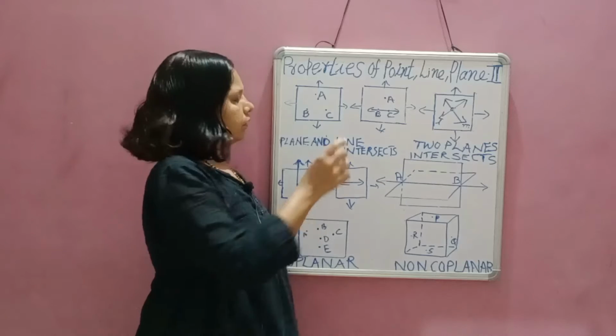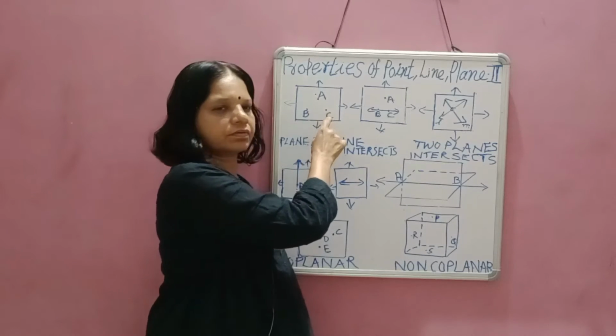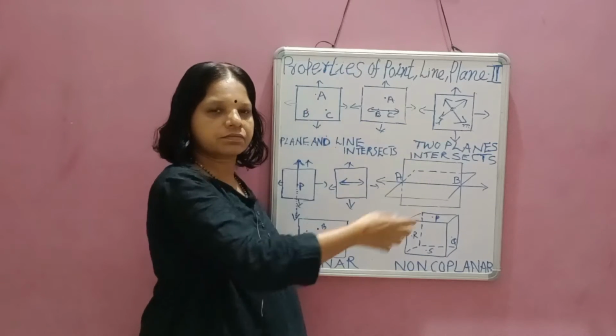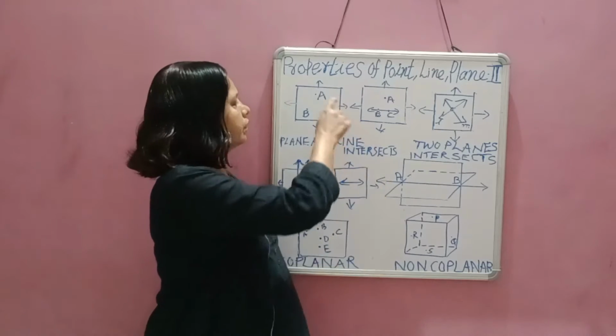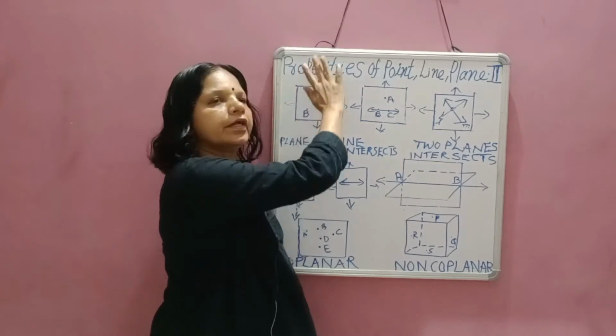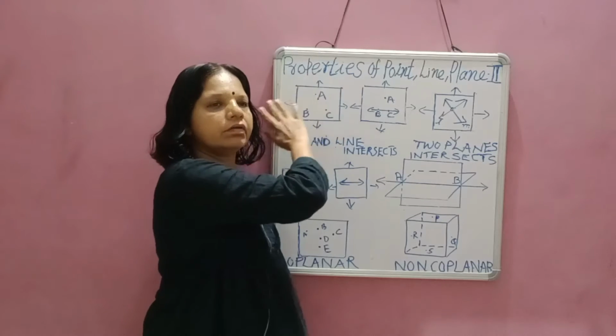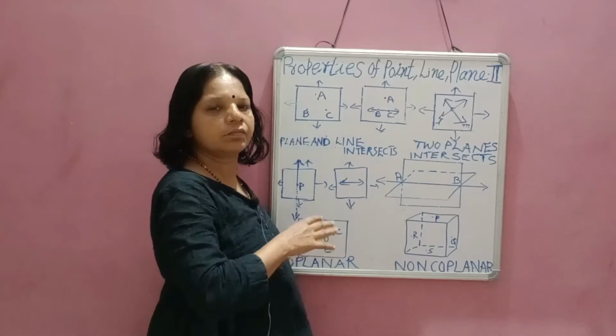Clear that if there are only 2 points, many planes can be considered in all directions. If there is one more point in the direction of A, only one plane can be considered.